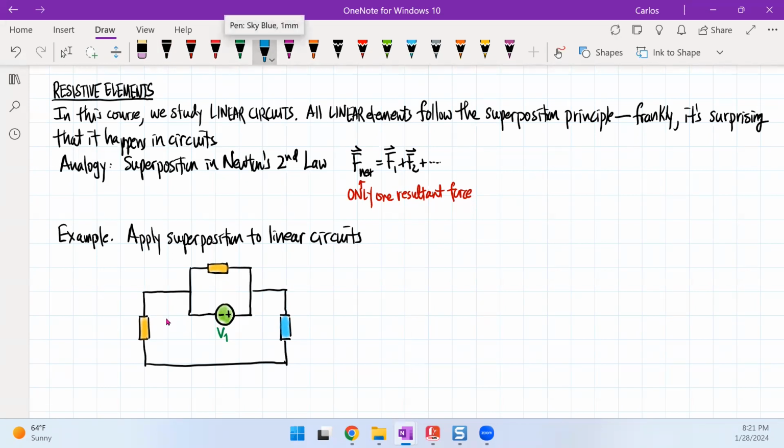This blue one is going to have a current flow, which we're going to call I1.